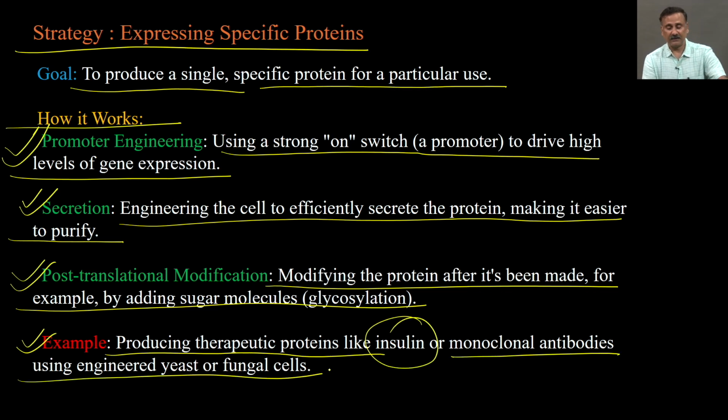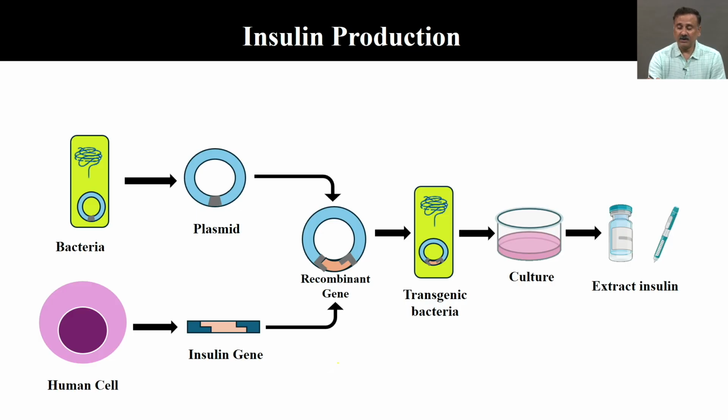fungal cells. So, in insulin production, how are things going to work? You are going to use bacteria. You make a recombinant plasmid where you put the insulin gene.